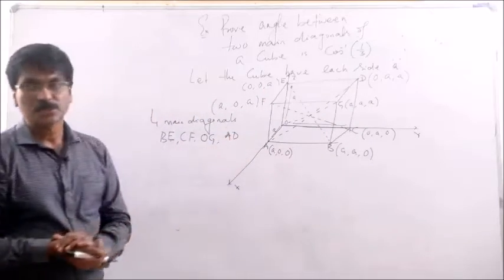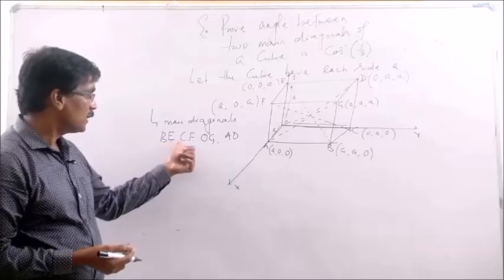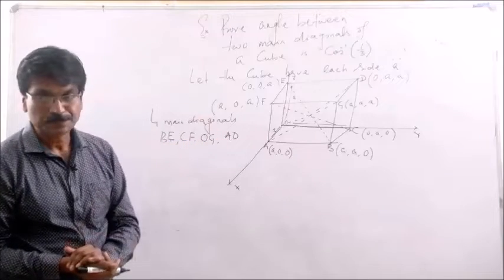So, a cube has 4 main diagonals, that is BE, CF, OG and AD.